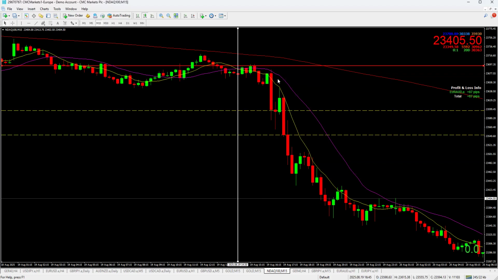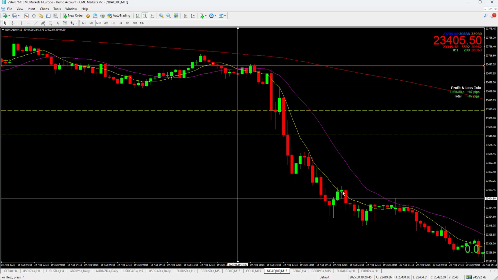or if you want to stay in the trade, if you want to get the most out of the trade, you could decide, I will stay in this trade until it closes above the 10 SMA.